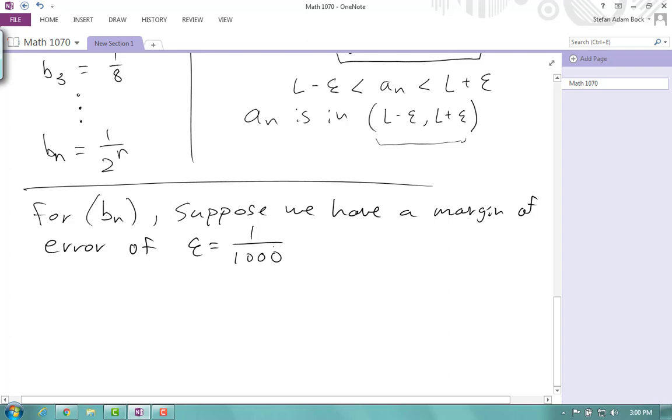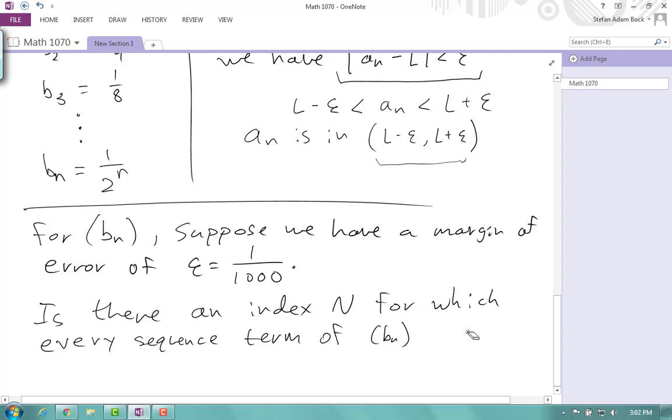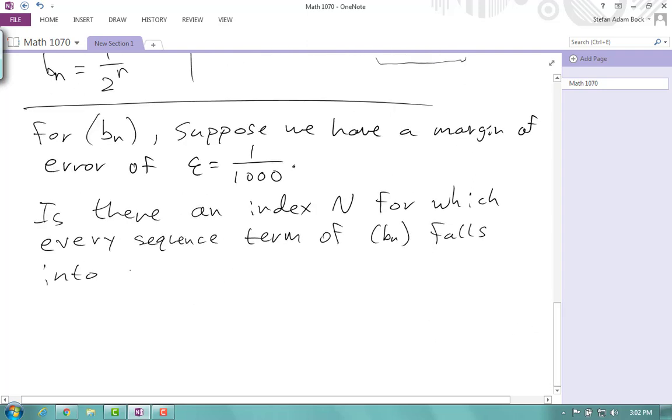So what I'm asking is, is there an index, big N, for which every sequence term of b sub n falls inside of negative 1 over 1,000 and positive 1 over 1,000, which is saying my L is equal to 0.